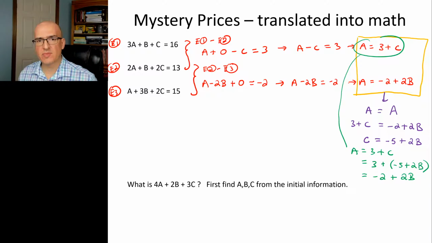That's pretty messy, and it looks like we're not getting very far, but we actually are almost at the end. I have A in terms of B, and I have C in terms of B. What we can do next is go to any of equations 1, 2, or 3 and substitute A with what it is in terms of B and C with what it is in terms of B and get an equation of only one variable.